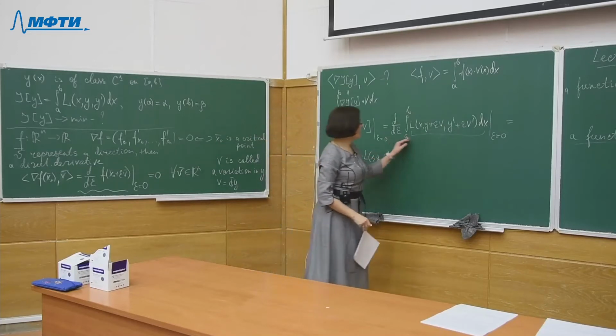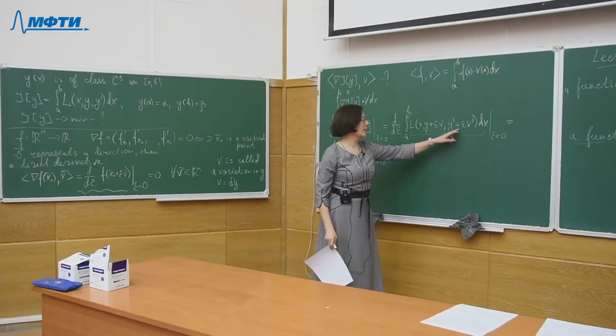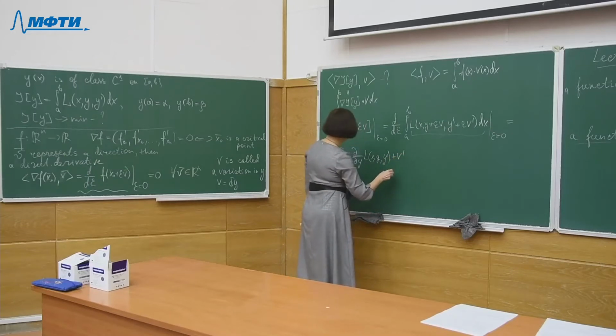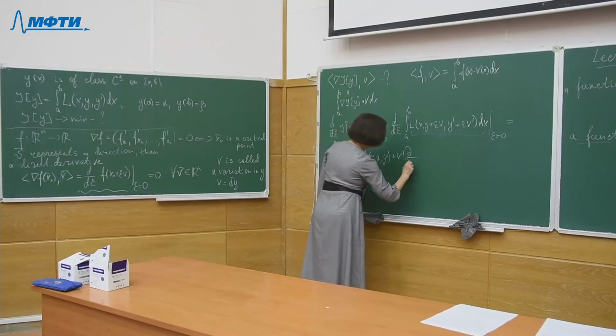And next we need to differentiate the third component of L with respect to epsilon, and this will give us plus v prime times dL over dy prime.